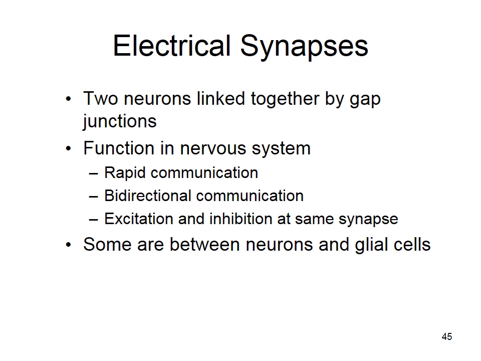So no neurotransmitter is involved in electrical synapses. Right? Electrical synapses are really rapid, super fast. They also allow for bidirectional communication.